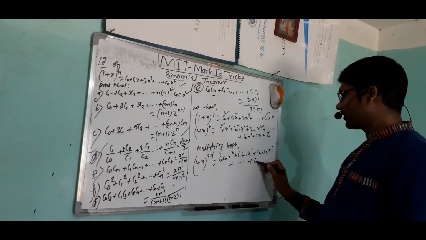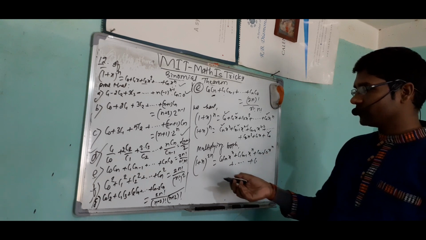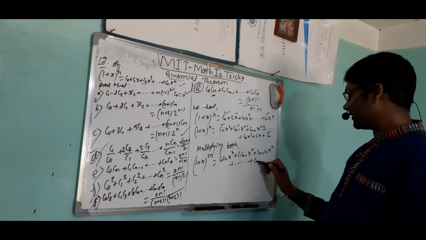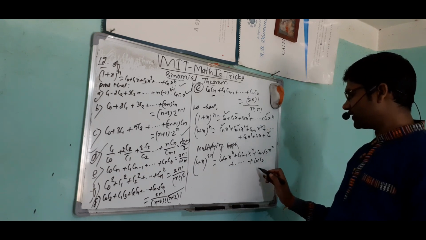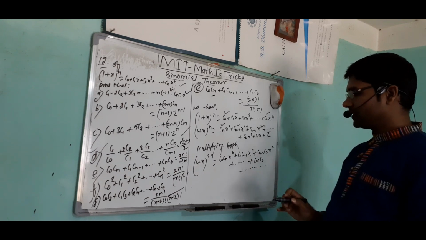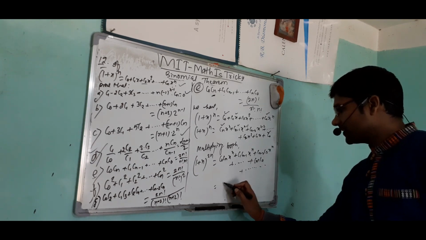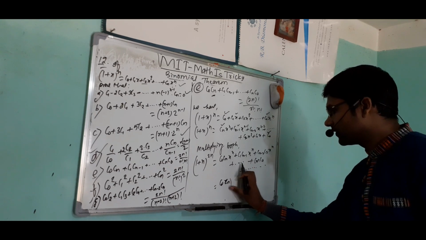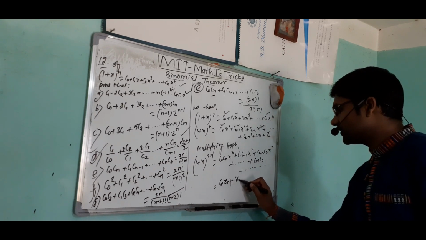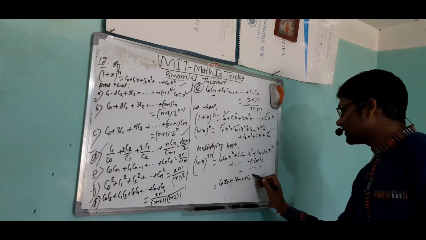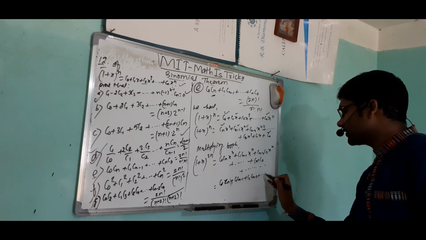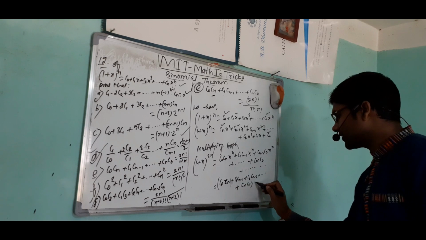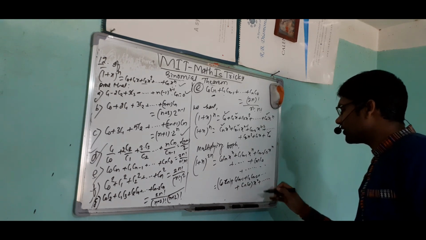So what we need here is cn and c0, plus a number of terms that we don't need. So we can write it like this: (c0 cn + c1 c_{n-1} + c2 c_{n-2} + ... + cn c0) times x^n, plus a number of other terms.